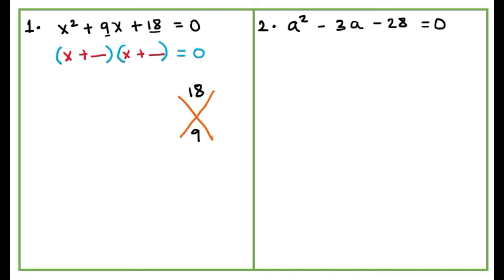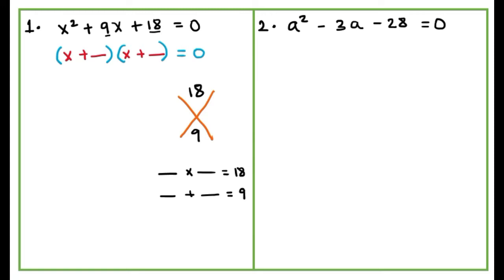It's like we have a number times another number equals 18, and the same number plus another number we get 9.